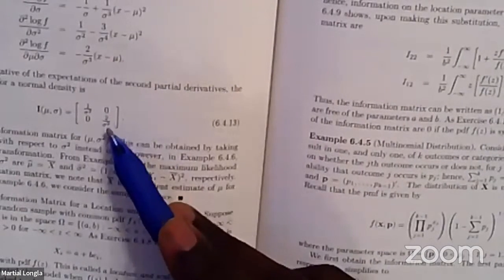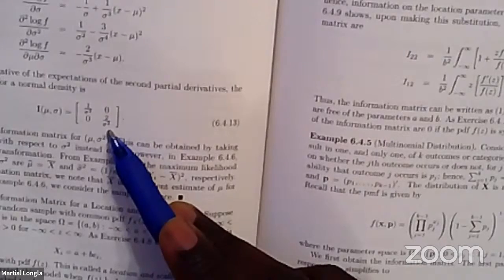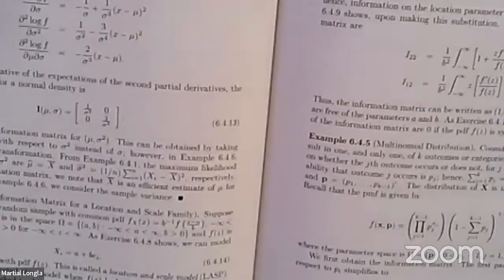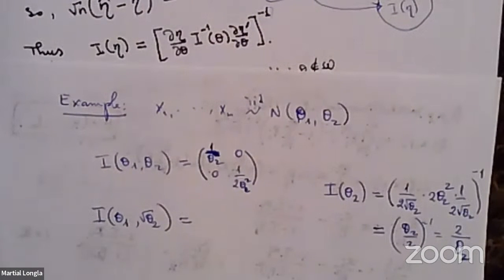Yeah, that was 2 over sigma squared, right? And theta 2 is sigma squared. Is it clear now what I was trying to explain then?